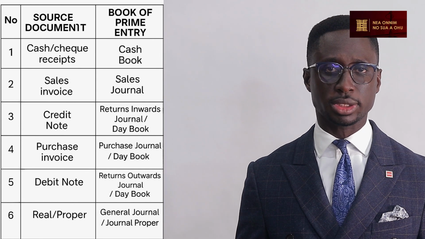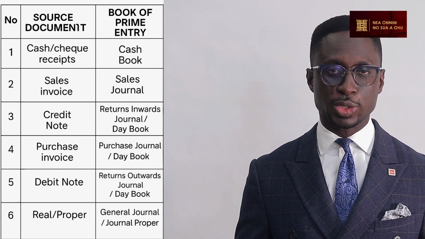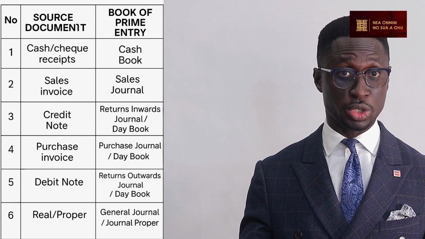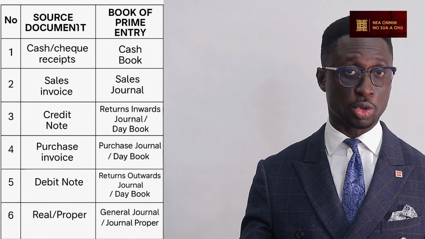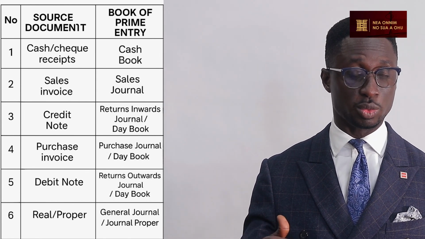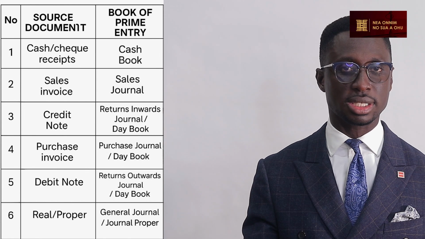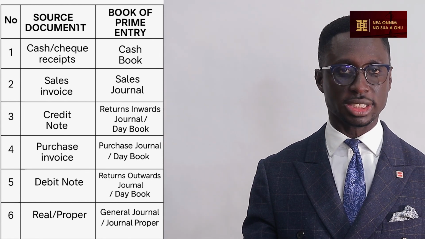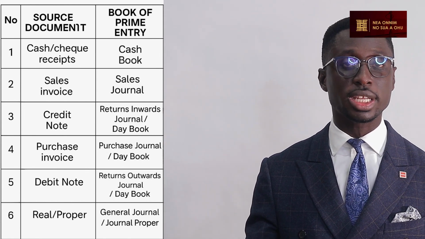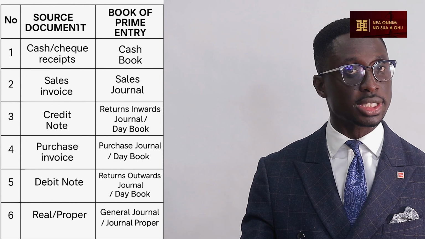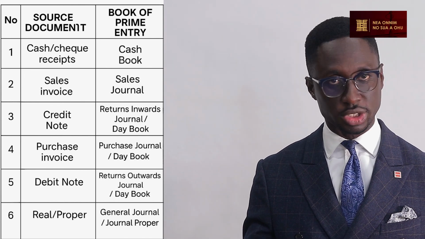So how about the credit note? You remember what we use it for? To record what? Returns inward. So the credit note forms the basis of recording transactions into the return inwards daybook or journal.